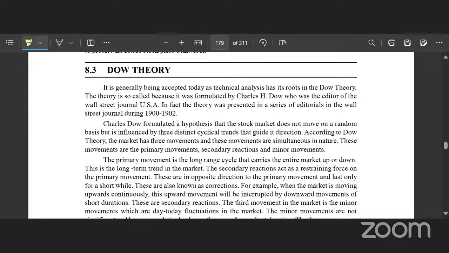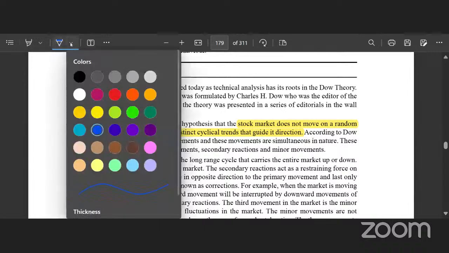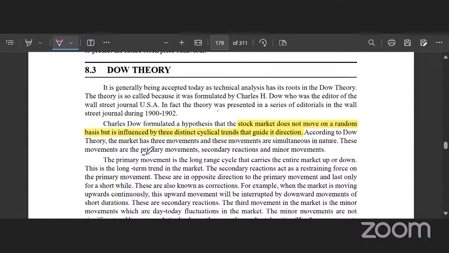These three distinct cyclical trends are primary movements, secondary movements, and minor or tertiary movements.